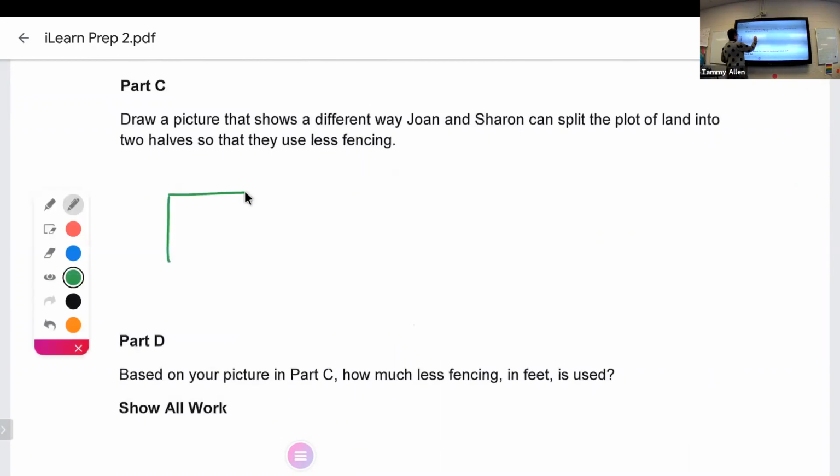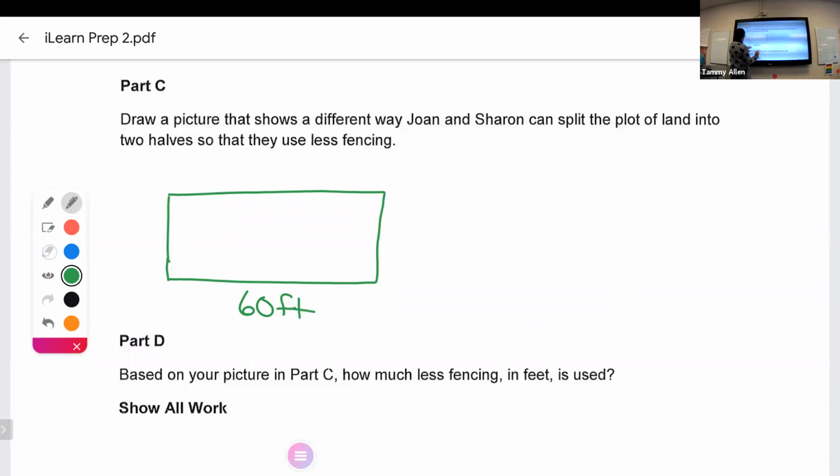And using that same rectangle, what is the length of that rectangle? What is the length of that rectangle? 80 feet? Yeah. I was going to ask you where the 60 feet came from, but.